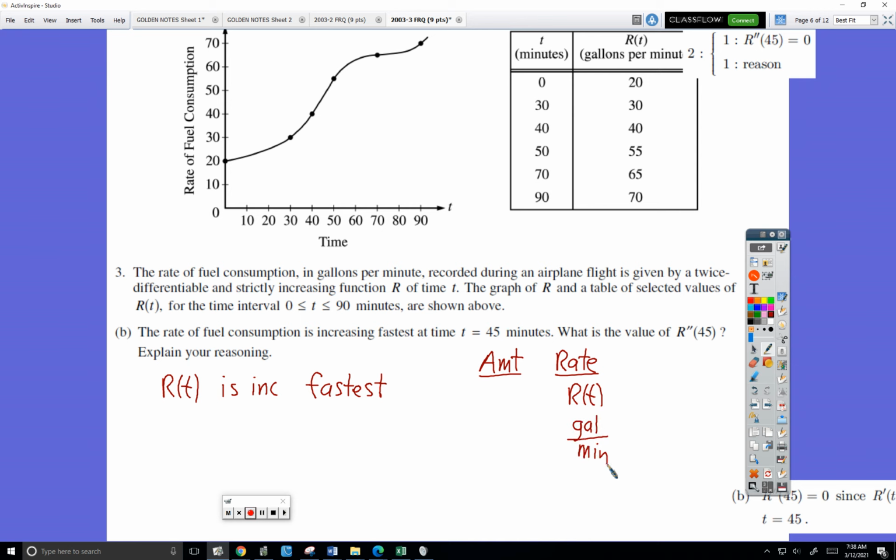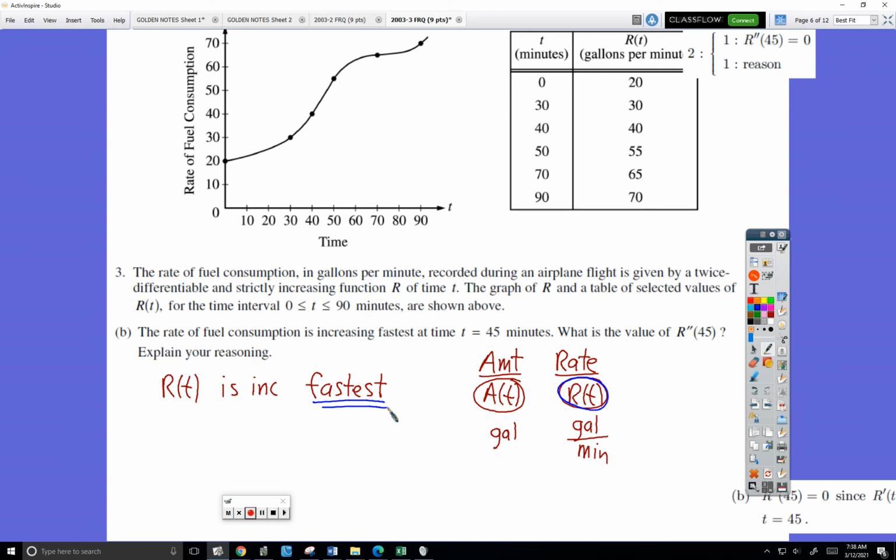That means the amount, even though they don't give a symbol for it, would be A, we'll say, and that would have to be measured in gallons. It's like how much fuel there is. R of T is how fast that fuel gets consumed.